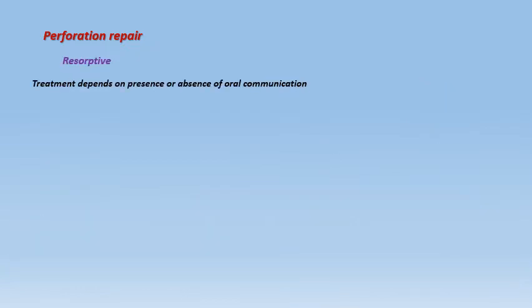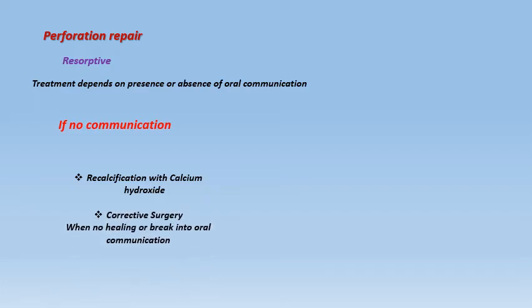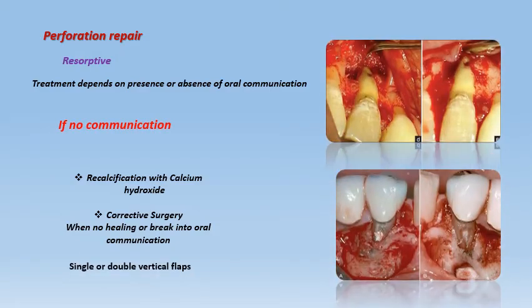If the perforation is resorptive, treatment will depend upon the presence or absence of oral communication. If there is no oral communication, I can do recalcification with calcium hydroxide, as we all saw in the root resorption chapter, or with a corrective surgery.